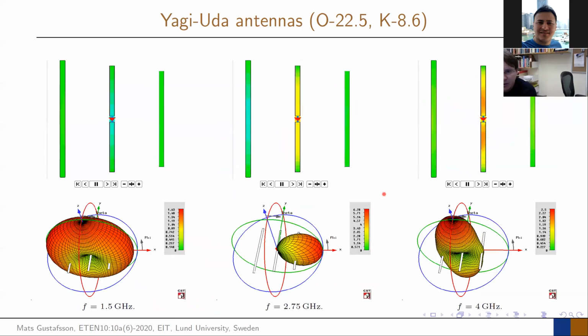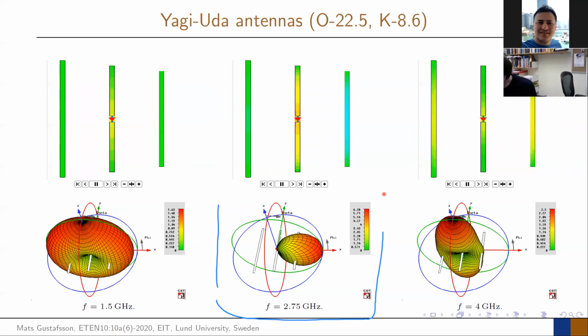When we try to understand what happens there, of course, we can look at the induced currents because it is like an array that sits there. Same picture as before, this is the 2.75 gigahertz, where you really have this end-fire mode of the Yagi-Uda antenna. If you think about it as an array, it is radiating along the direction of the Yagi-Uda elements.